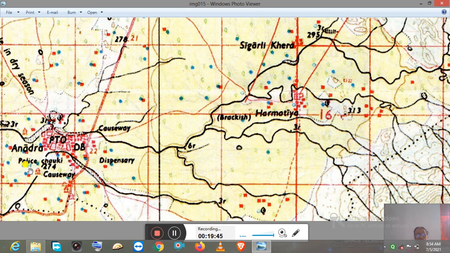So sometimes it is asked, what are the facilities the largest nucleated settlement is getting? PTO means Post and Telegraph Office, DB is Dak Bungalow, dispensary, police chowki, all these facilities are there in this village. So all these slowly you can learn.